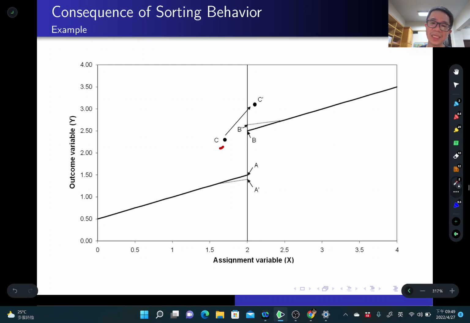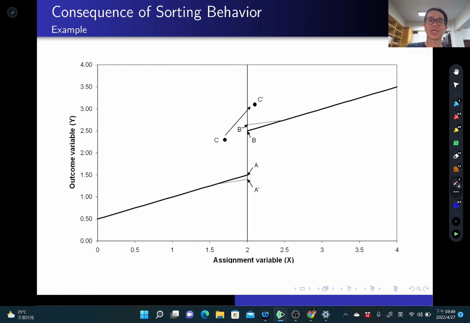And C, the individual C, actually their outcome is also more than the average outcome for the people right below the cutoff, so if he moves to this place, that will make the intercept estimate become A prime, which will decrease, because these guys on average have outcomes more than the people who are around here.